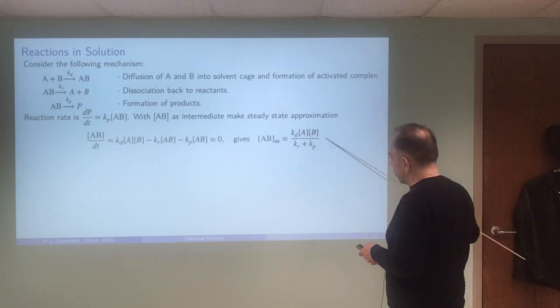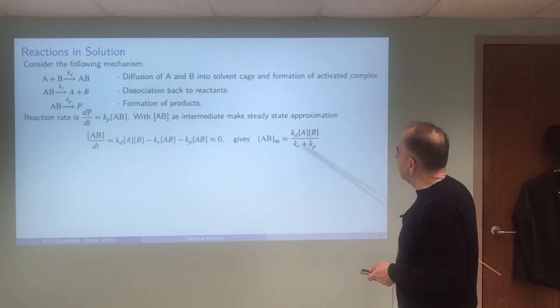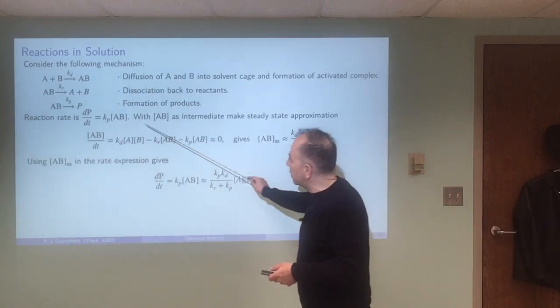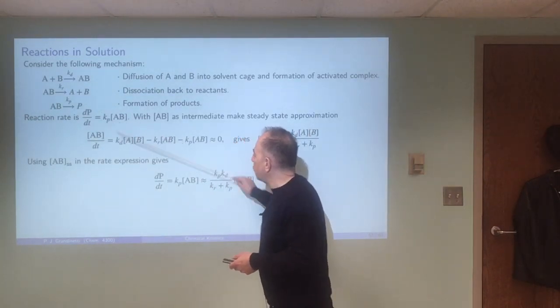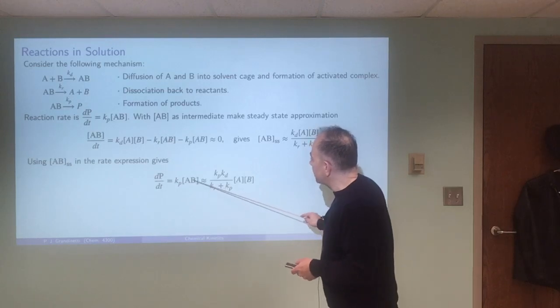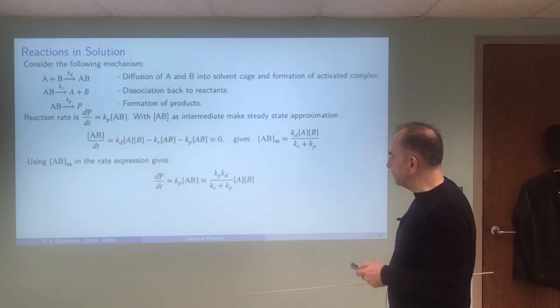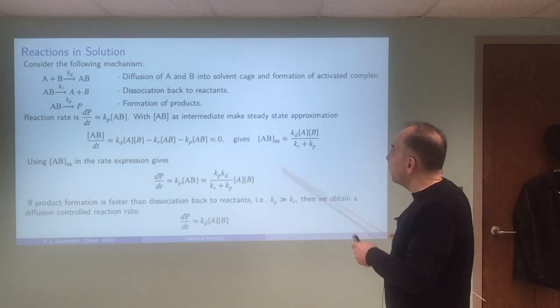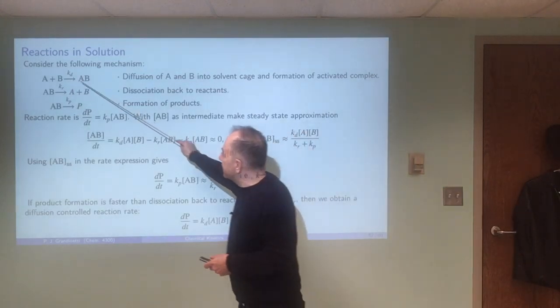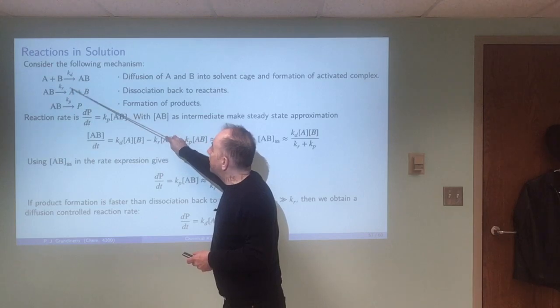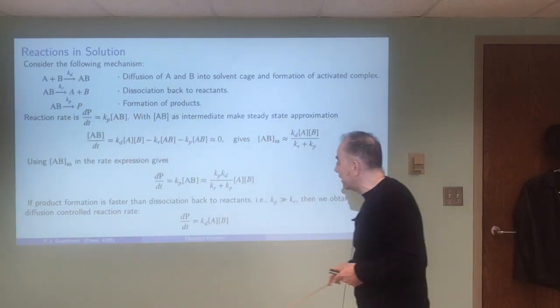That allows us to solve for the steady state concentration here, and now we can go back to our expression for the rate of product formation, substitute in our steady state approximation, and we get this expression here. Now, Kd is the rate at which they diffuse together, Kr is the rate that they go back to reactants, and Kp is the rate that they react.